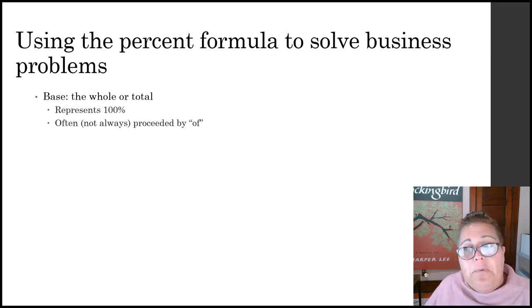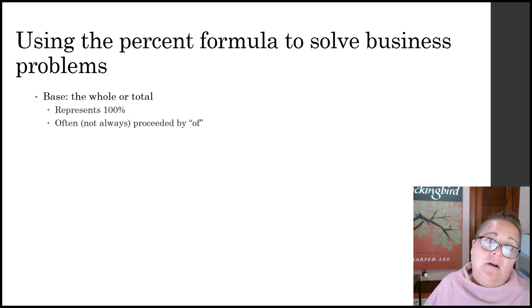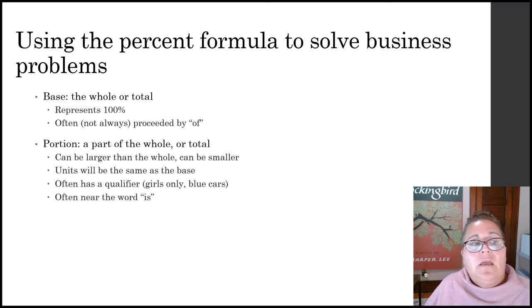As a pro tip, the base is often, but not always, preceded by the word of. The portion is a part of the whole or the total. It can be larger than the whole, particularly when you have something like 300%, and it will also be smaller than the whole, like 20% or 30%.